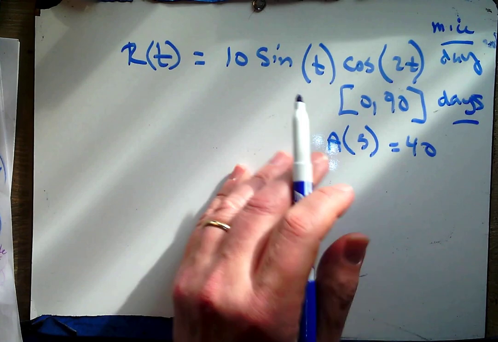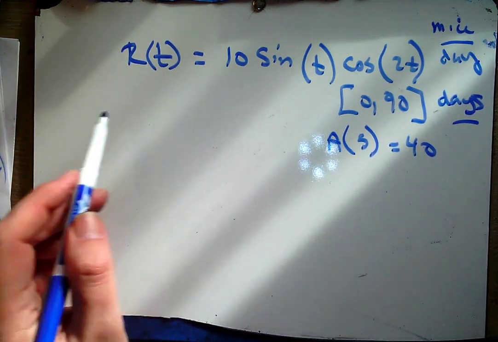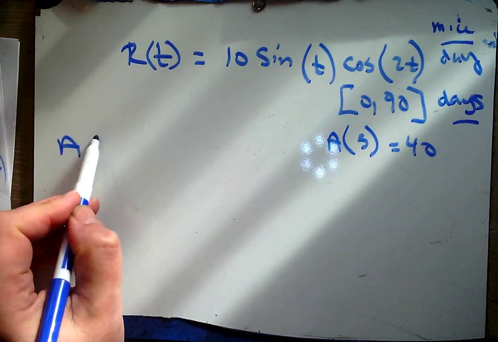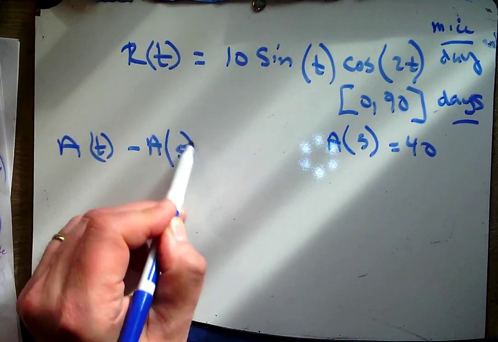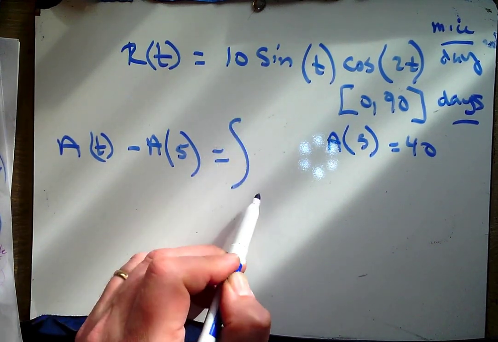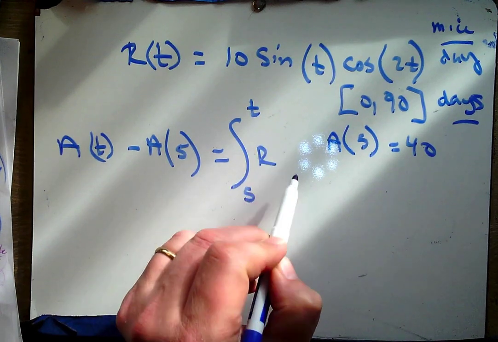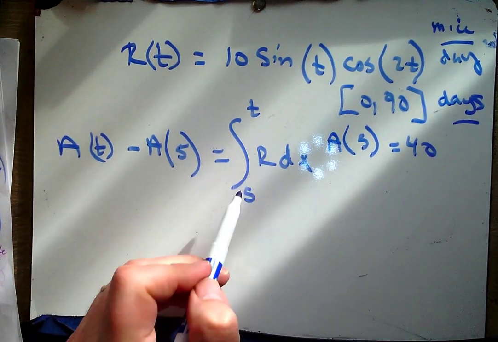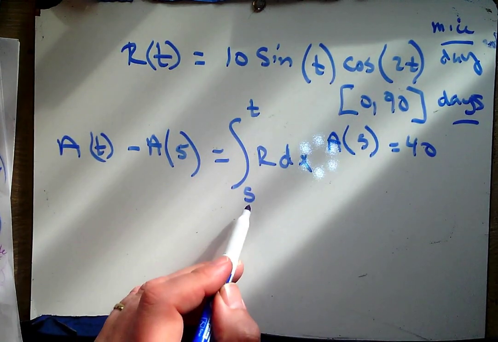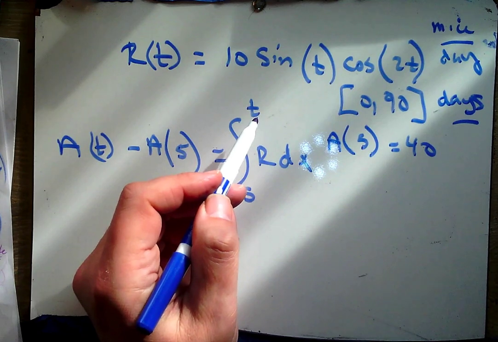If you want to do a subsequent problem that involves some sort of hungry cat, by all means, but in our problem, I'm going to have that A of t minus A of 5 equals the integral from 5 to t of r dx. So when I integrate this function, I'm going to start at 5 and go to a certain amount of time.